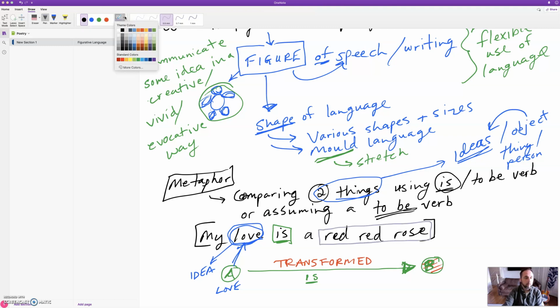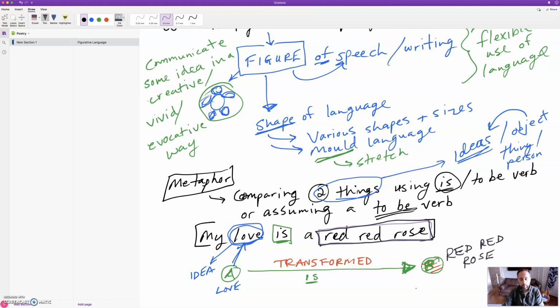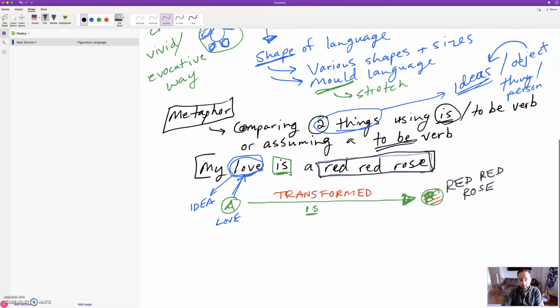Let's get a brighter purple if I can. Darker purple, something that's clearer. It kind of looks like black, but you get the idea. So love becomes red, red rose. Now, when you think of a metaphor, how do you understand the point of the metaphor?